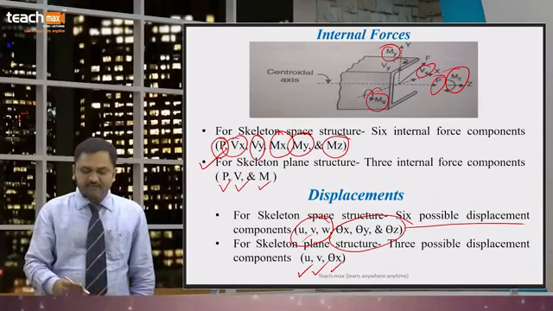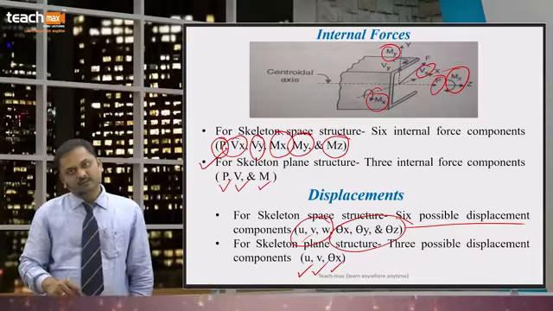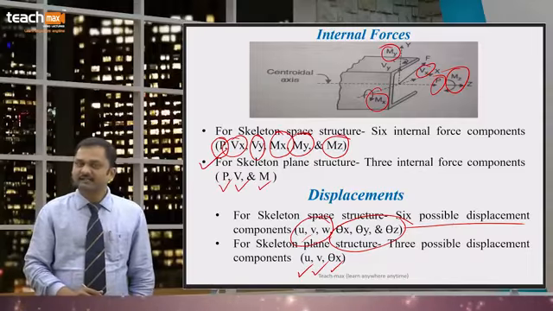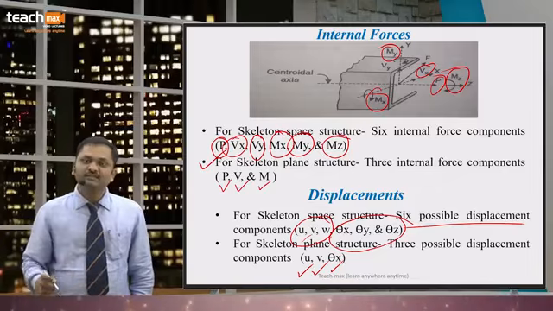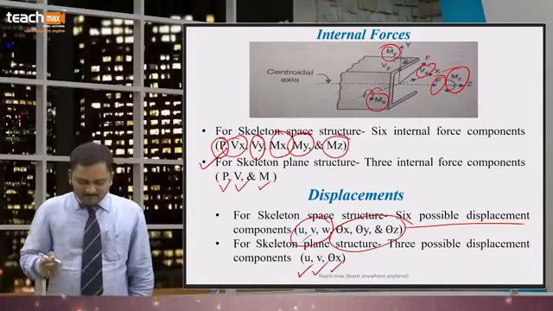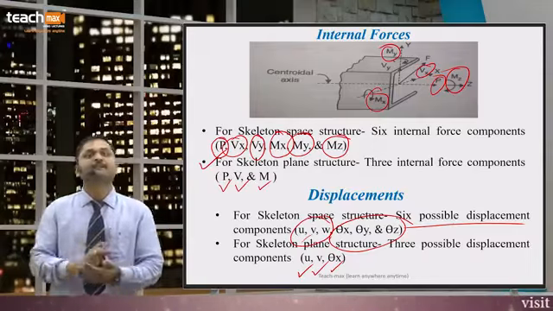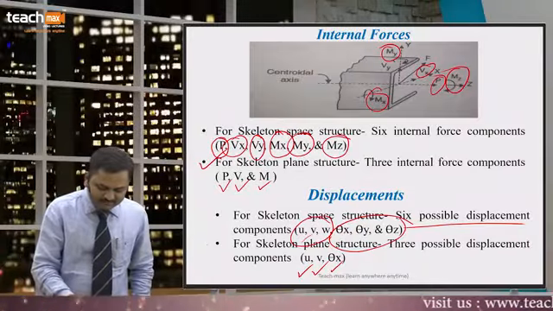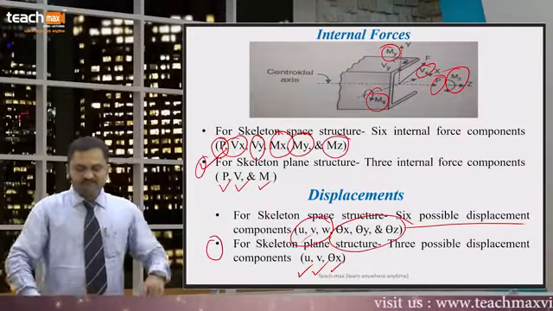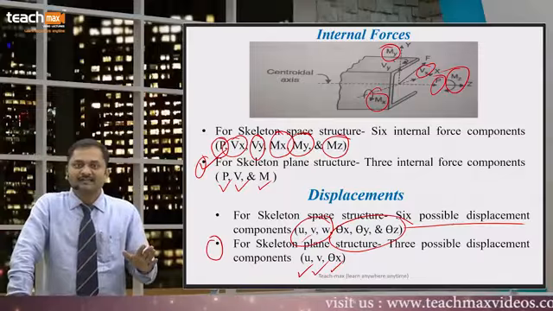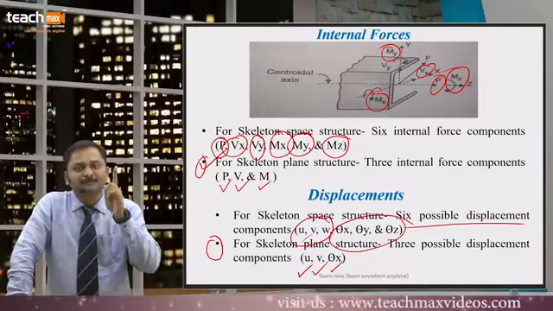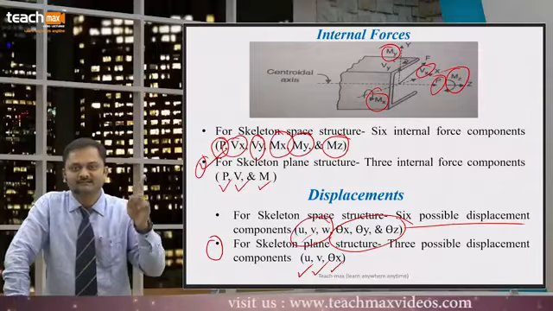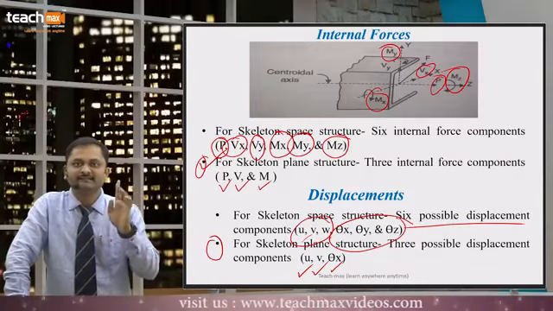Just like P, V, M are the possible internal forces for the plane skeleton structure, U, V, theta x are the possible displacements for plane structures. So we are only dealing with these. Throughout our UG course we are going to analyze plane skeleton structures, not space skeleton structures.